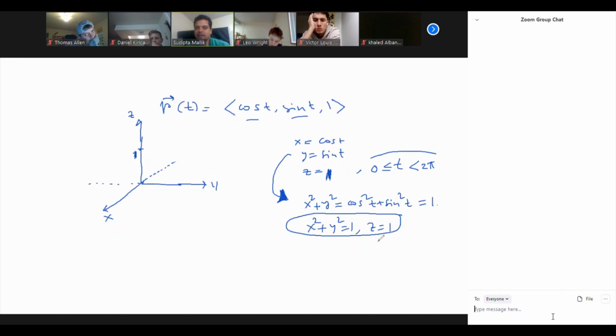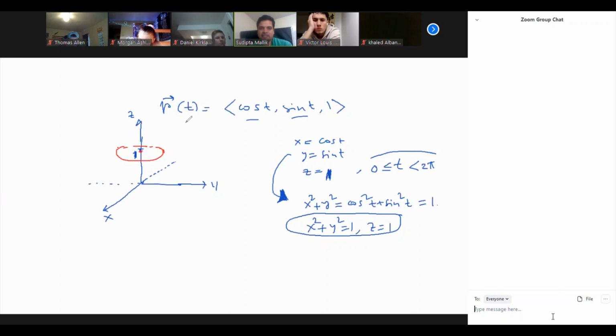If you just have x squared plus y squared equals 1, that would be a cylinder, right? Because the z value can be anything. But here it is saying z equals 1. That means it is the intersection of the cylinder with the plane z equals 1. In other words, you get a circle at height 1. That's this guy. Not a good circle.